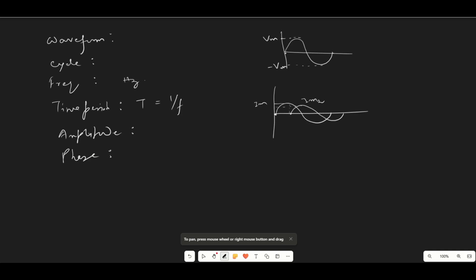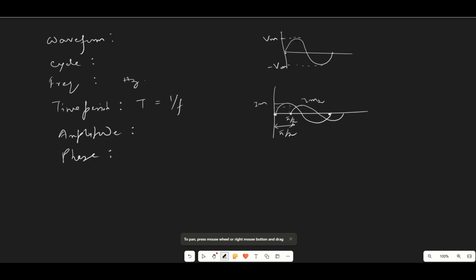Let us consider for our convenience this is pi by 2. So this signal is starting at 0, this signal is starting at pi by 2. That means Im2 is starting after pi by 2. So the phase difference between them is pi by 2. So what is the phase? The phase of an alternating quantity is the time that has elapsed since the quantity has last passed through the 0 point.